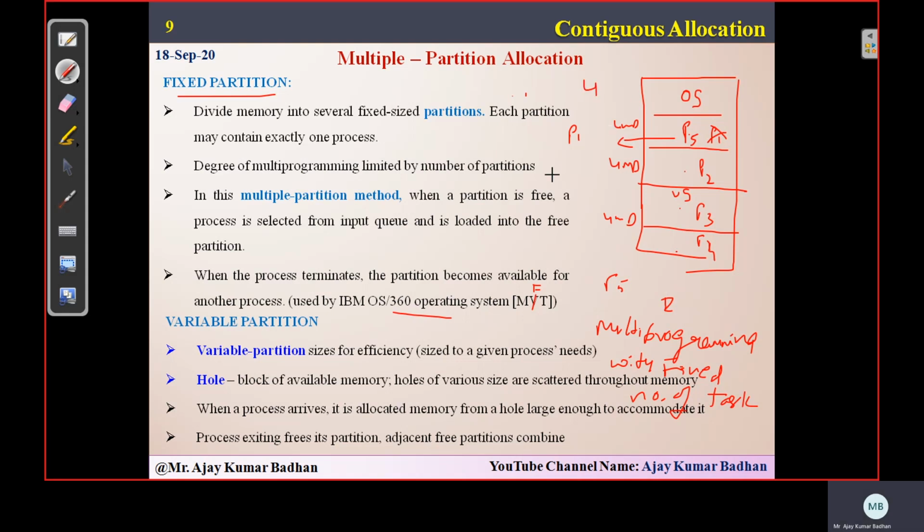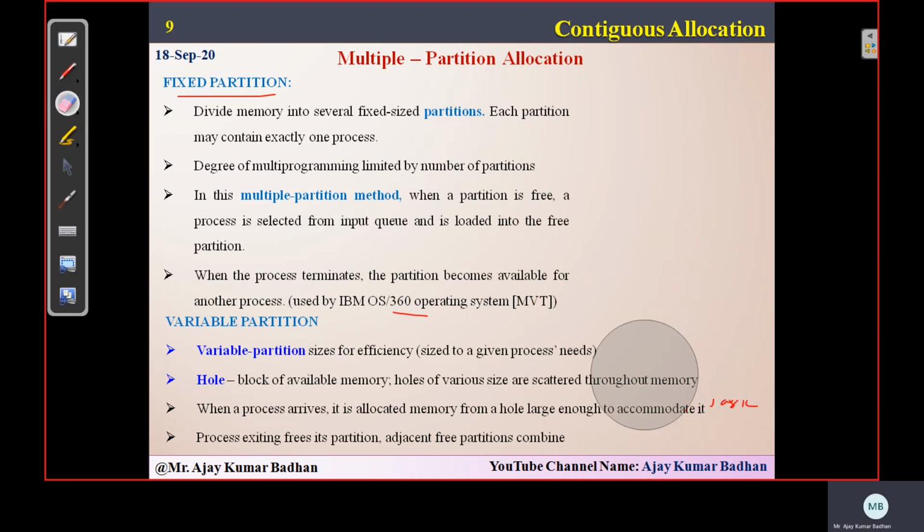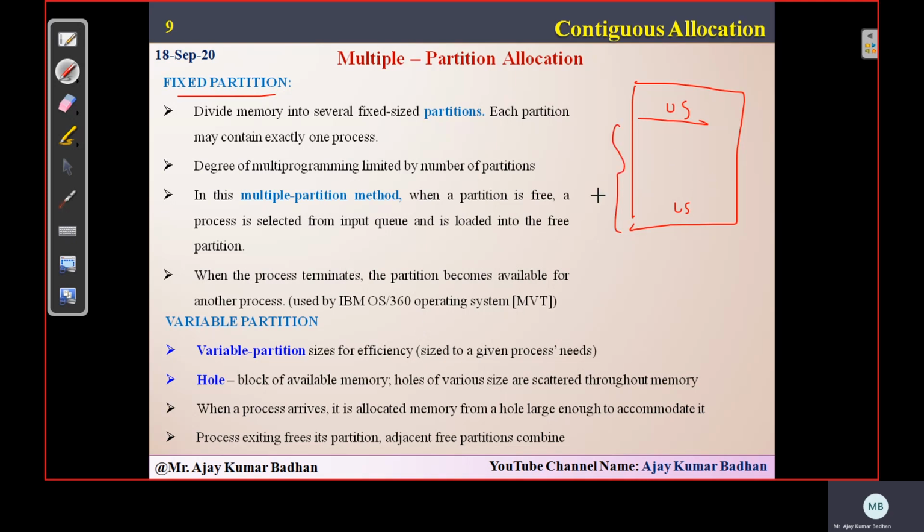Okay. After that, another method came up, called variable partition. In variable partition, we will not divide your RAM into fixed slots. Suppose this is your RAM, and some portion is occupied by the operating system. This is the user space. In fixed partition we divide it, but in variable partition, this entire memory is represented as one unit.